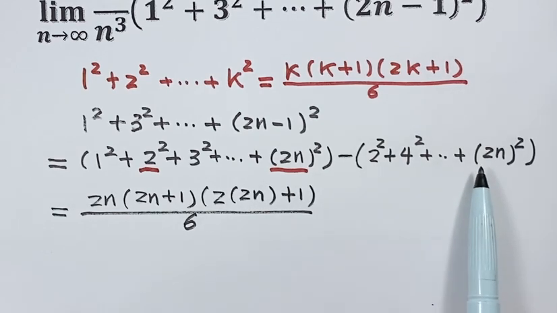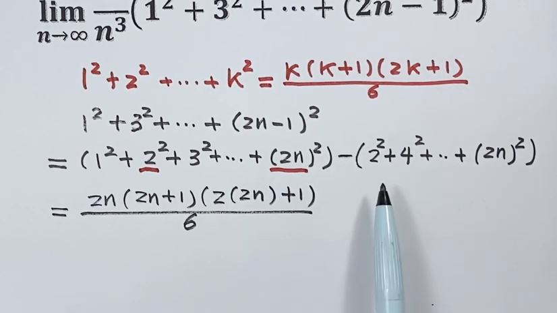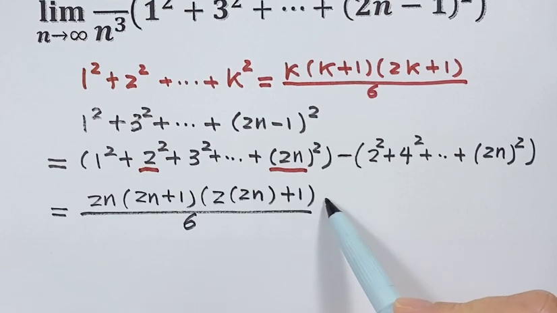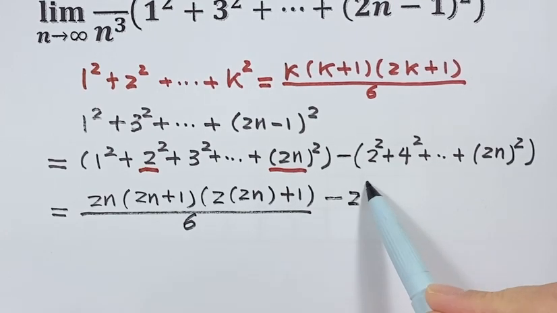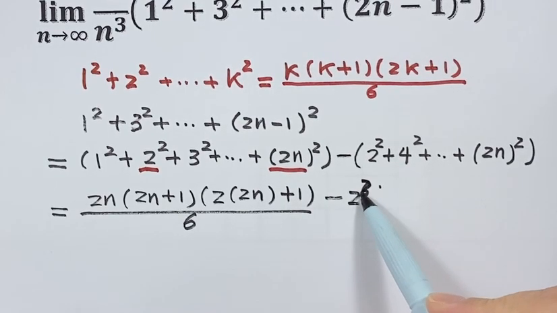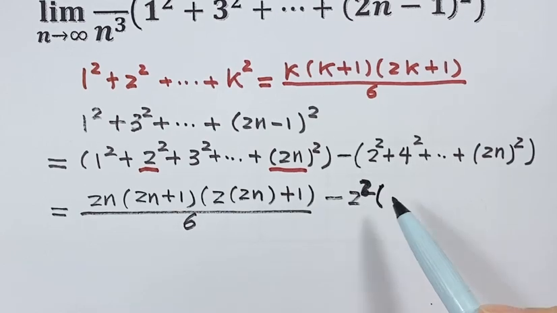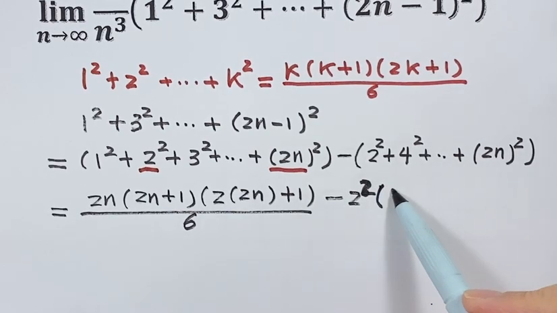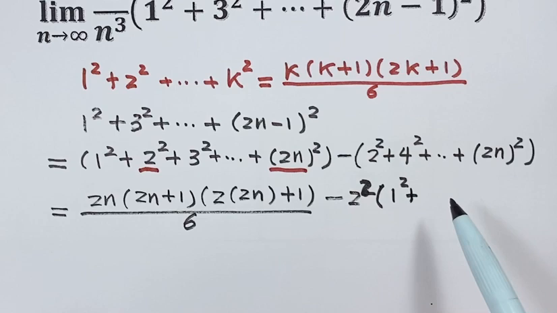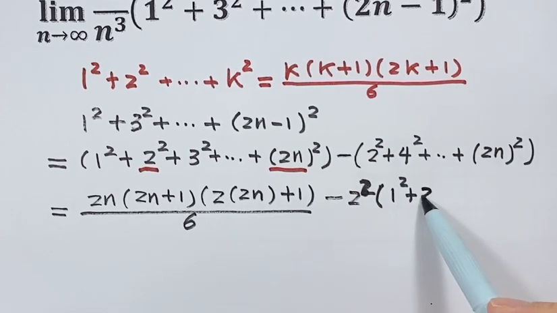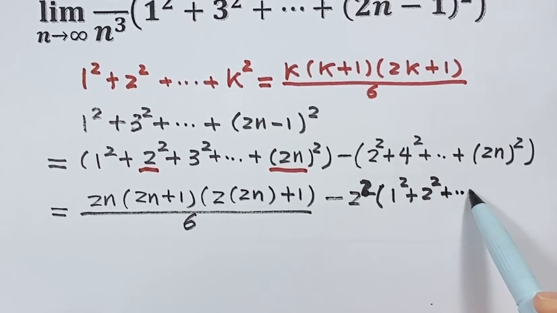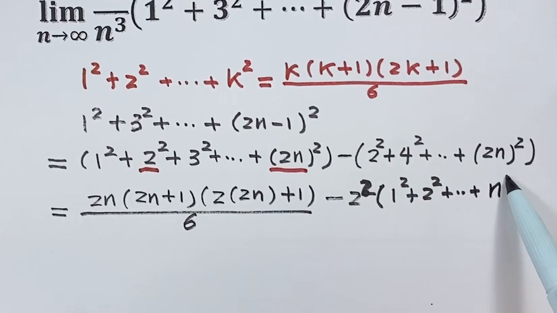Because 2, 4, up to 2n are even numbers, they have a common factor 2. After squaring, they have a common factor 2 squared. So take the common factor 2 squared out. The first term is 1 squared, the second term is 2 squared, until n squared.